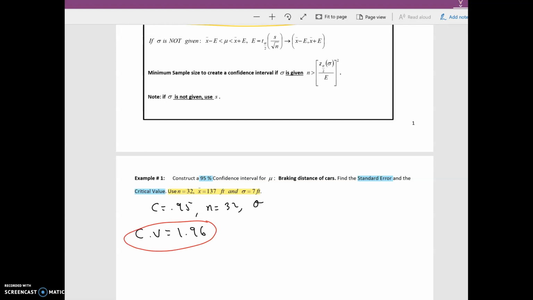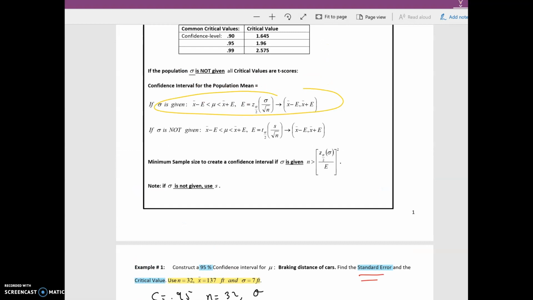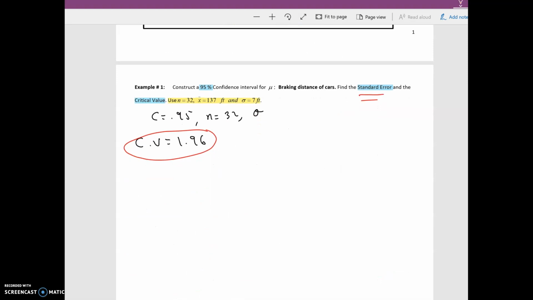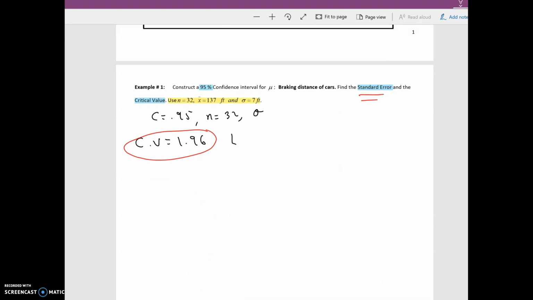The next portion that they're asking is for the standard error. Now, your standard error is here. So this is what we're going to be looking at, the standard error. So in this case, I'm just going to write it as E. So the value of E is equal to the following.